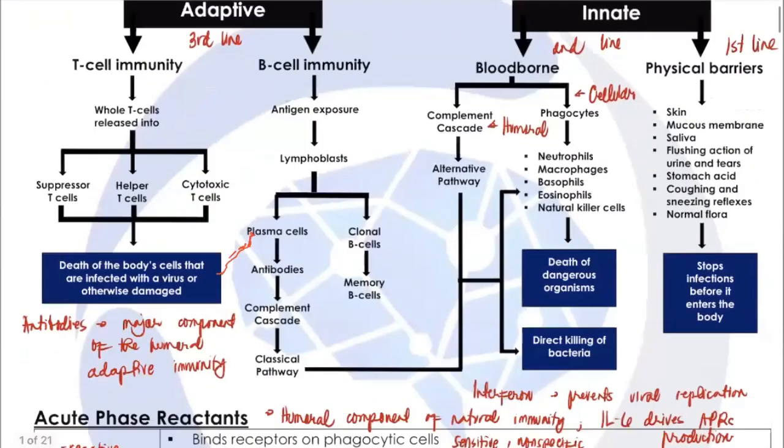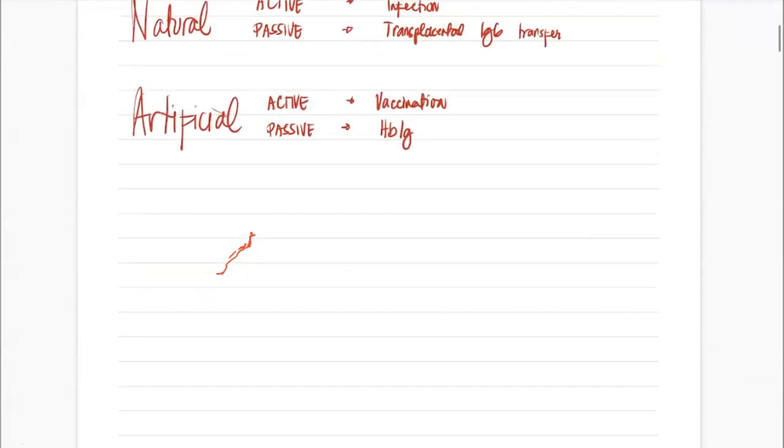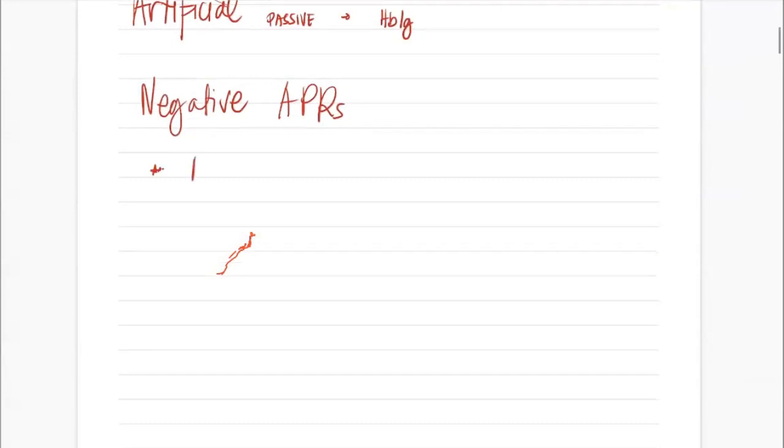So sino yung mga proteins na ito? Tawag natin sa kanila are negative acute phase reactants. Okay, negative acute phase reactants, what are they? Okay, number one, of course, yung ating albumin. Okay? Then we have prealbumin, or otherwise known as transthyretin. Okay, and we also have transferrin.